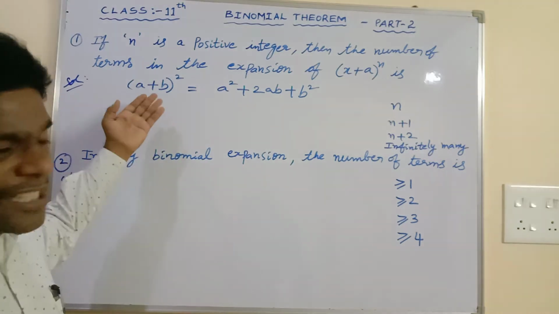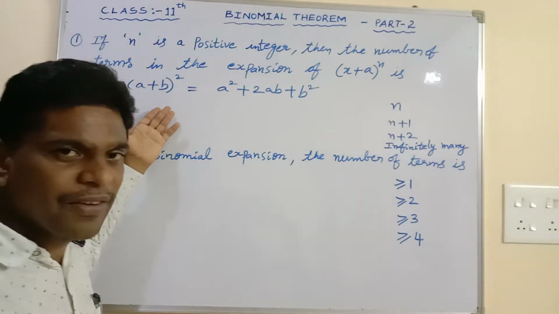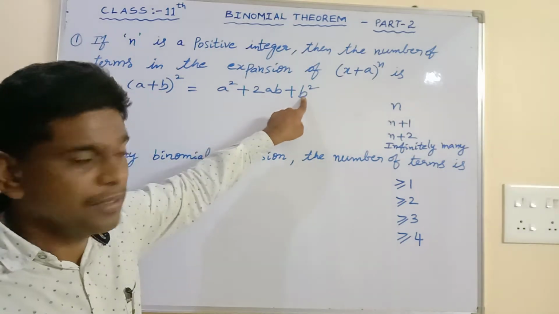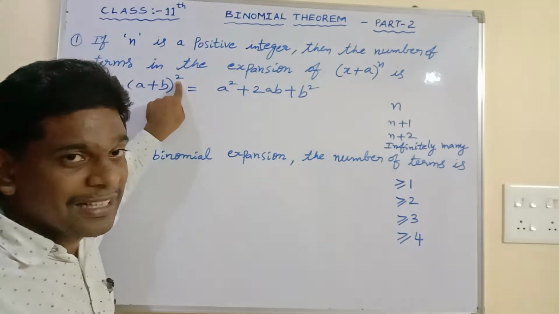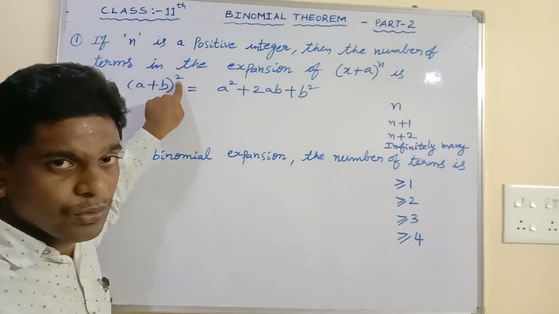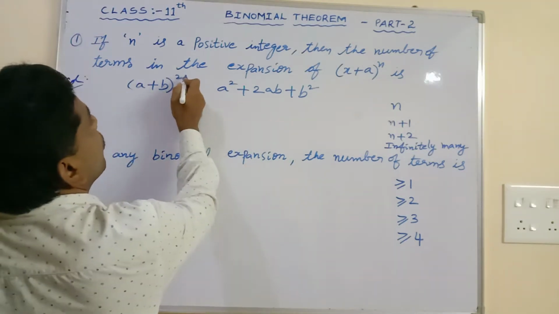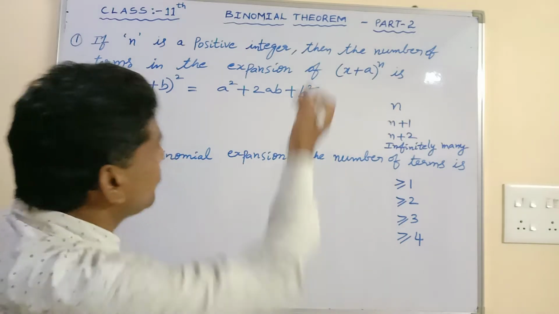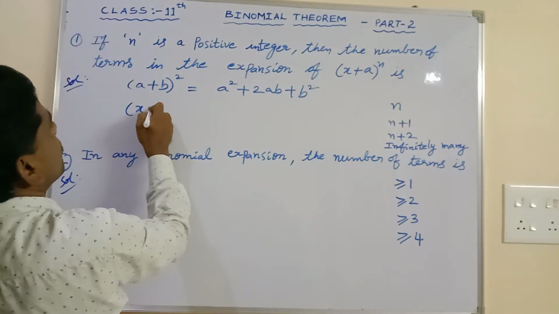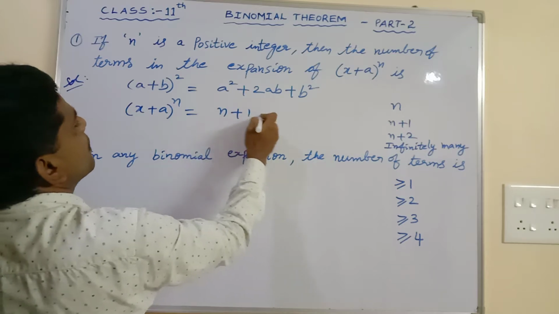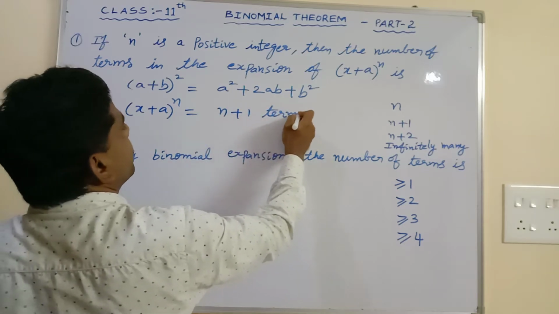So, in the expansion of a plus b whole square, how many terms are there? 1, 2, 3. So, here exponent is 2. Okay, so 2 plus 1 terms will be there. Similarly, in the expansion of x plus a whole power n, so n plus 1 terms will be there.